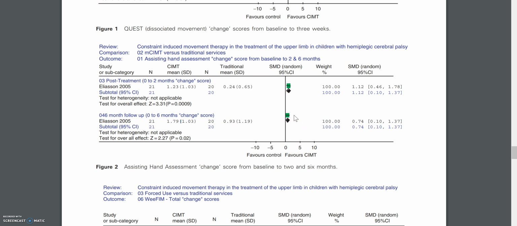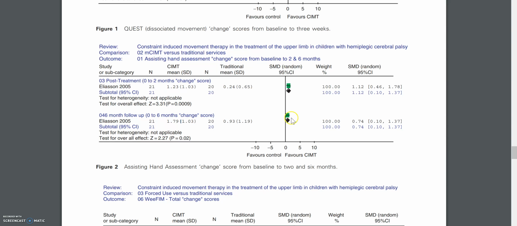If the individual study crosses that vertical line, it means that the null value lies within the 95% confidence interval. That implies the study result is in fact the null value, and therefore the study did not observe any statistical significance between the two groups. So if it falls on this, there was no difference between the two groups.